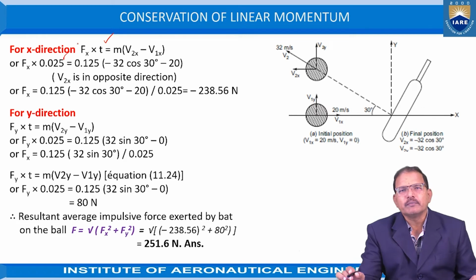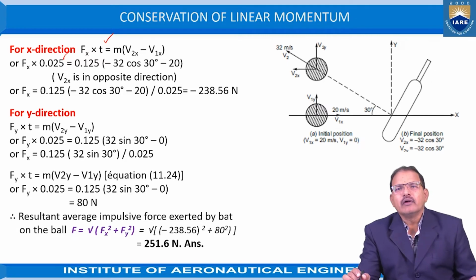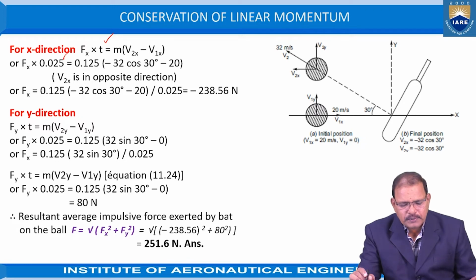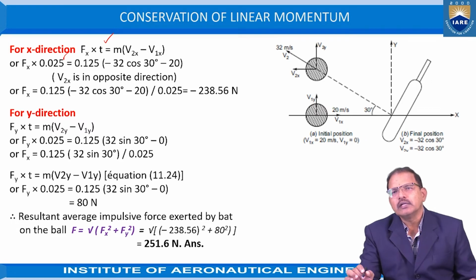The time is given as 0.025 seconds and the mass is 0.125. Here the velocity is given as minus 32 cos 30 and minus 20 for the initial. It represents the change in velocity, that is, we require v2x minus v1x.